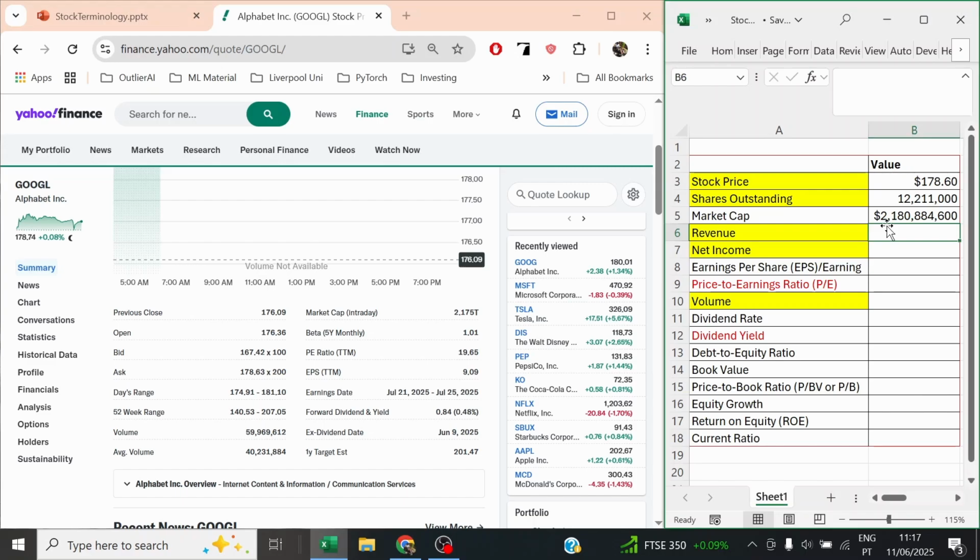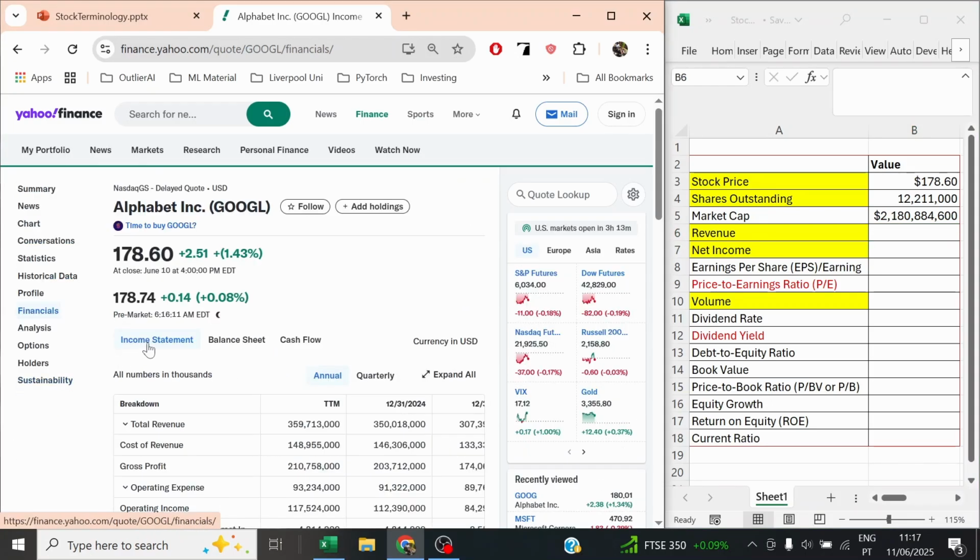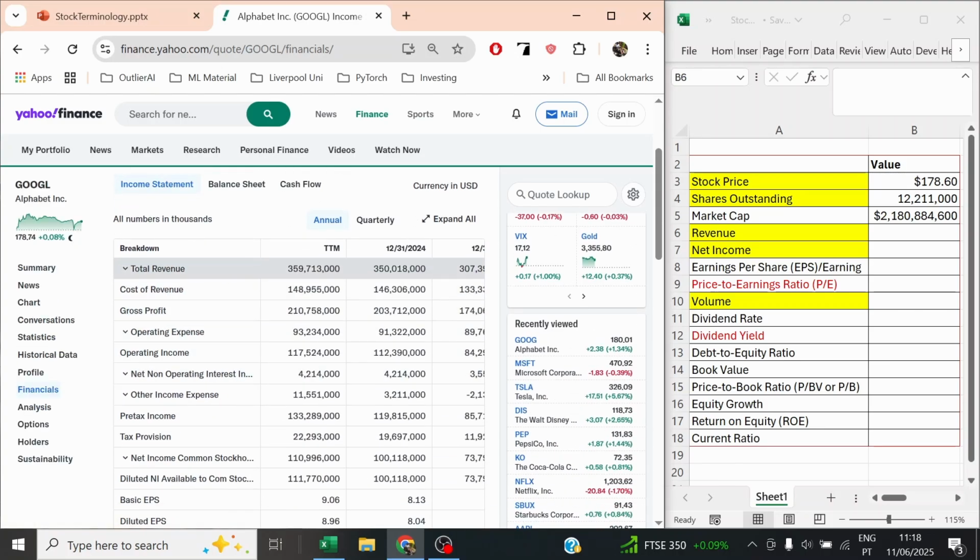The next term should be the revenue, which is the total money a company makes from selling its products and services. So how much the company is bringing in. This is reported. You have to go to the financial and then into the income statement. It's usually the first number that they report.